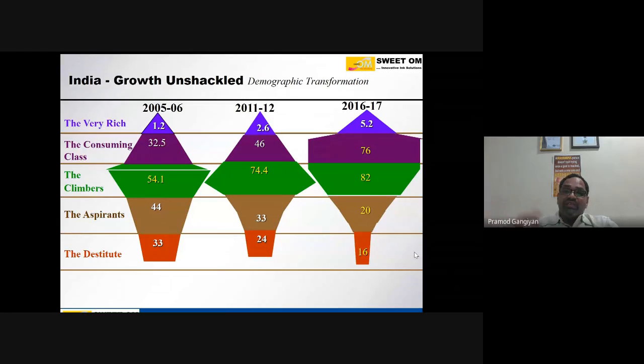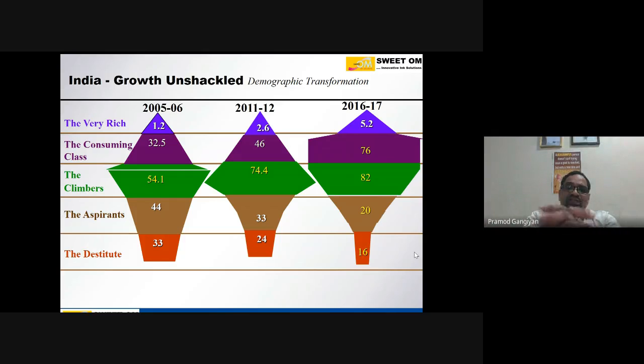So the rich category is increasing, but this rich category is not going to suffice for our scope, right? Like 5.2% of people, how much will they consume of packaging or flexible packaging? The major effect is coming from the consuming class. In 2005, there were hardly 32.5% of people consuming packaging.